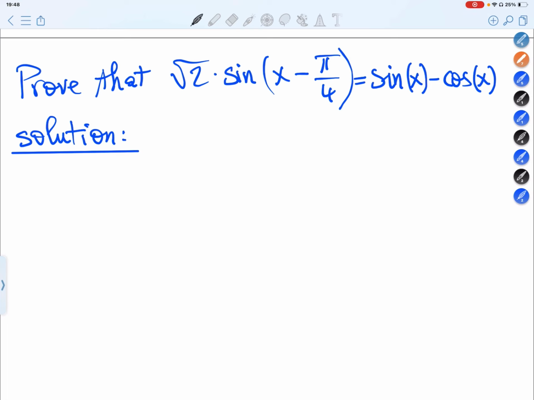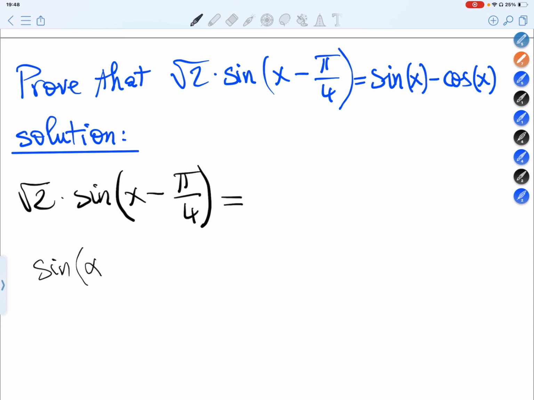In this case I'm going to start from the left hand side, which is root 2 times sine of (x minus pi over 4), and work it out to get the right hand side, which is sine of x minus cos of x.